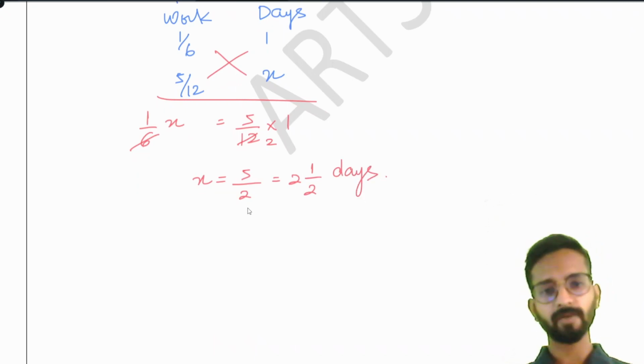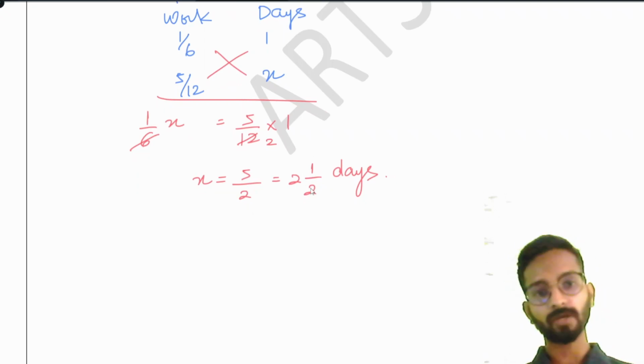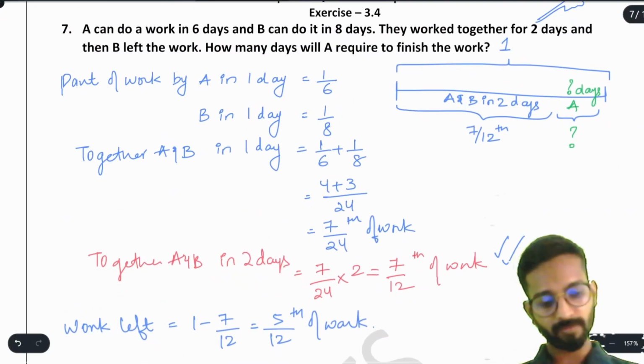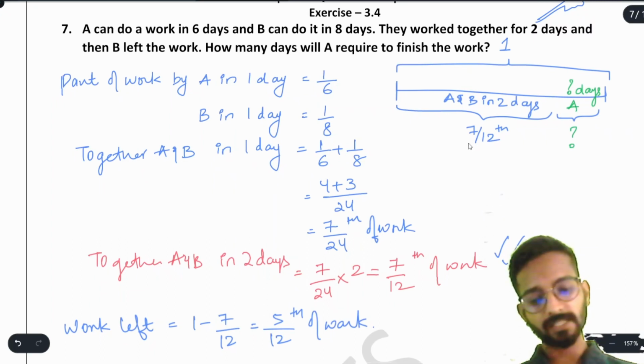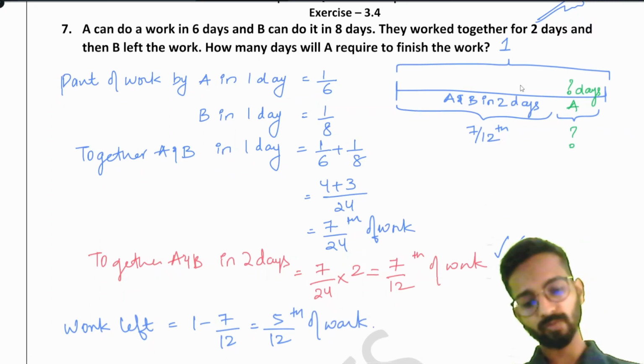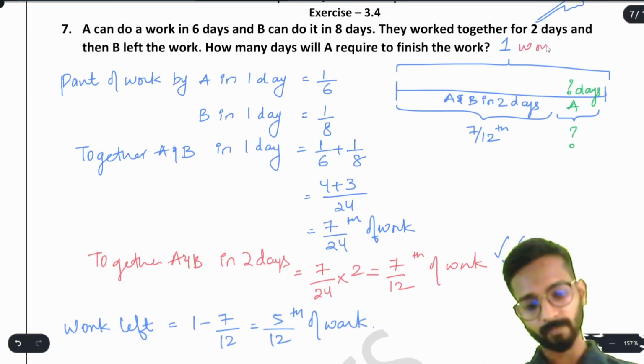Understood? You can leave it at 5 by 2 also. You can write 2 1 by 2 days taken by A to complete the work which was left by B. Understand? You can also understand it by this method. See, 7 by 12th of the work is done. Suppose this was the entire work, one work. They are saying out of 12 parts of the work, 7 parts are done.